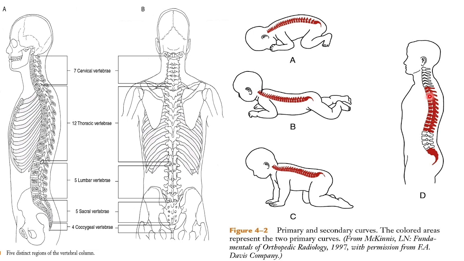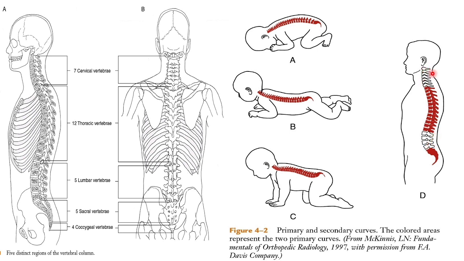The curves that have a posterior convexity and anterior concavity are referred to as kyphotic curves. So the primary curves are otherwise known as kyphotic curves, and the secondary curves are otherwise known as lordotic curves, because lordotic curves have a posterior concavity and anterior convexity.